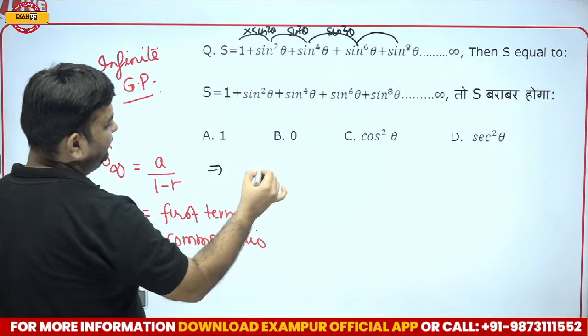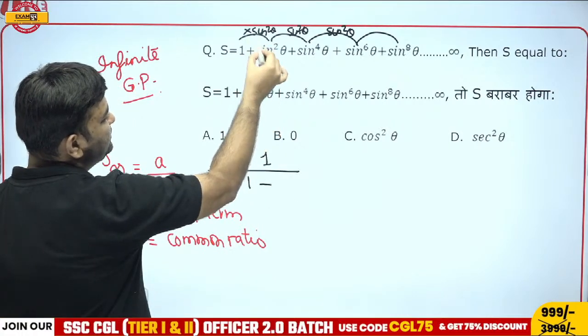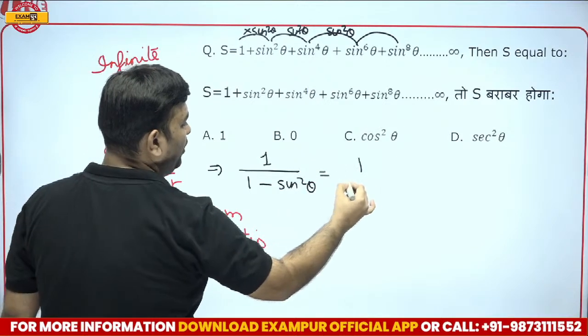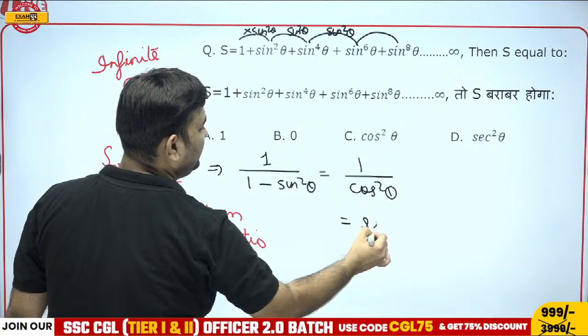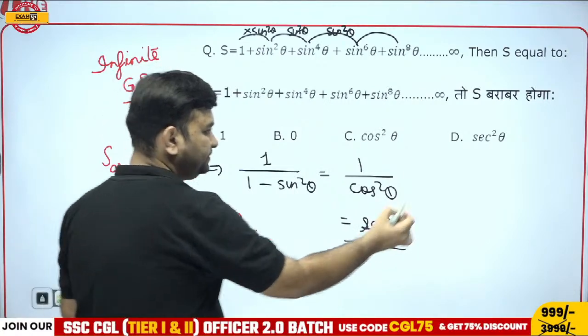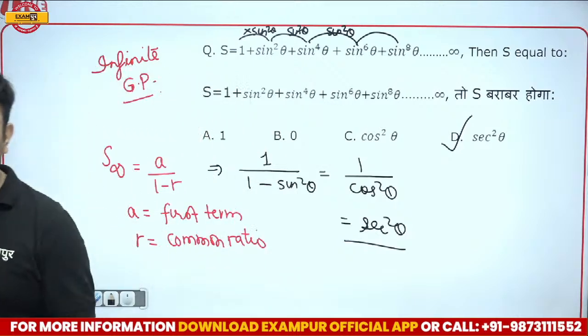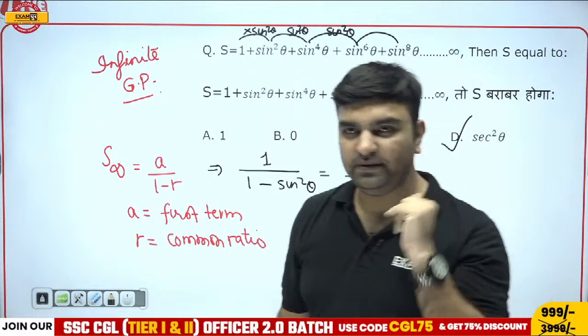A, the first term, is 1. The common ratio is sine square theta. 1 minus sine square theta is cos square theta. Answer is sec square theta. It was a bit different from the previous one.